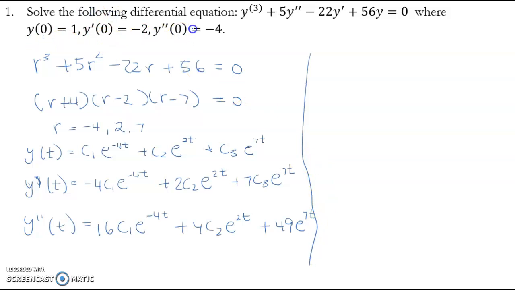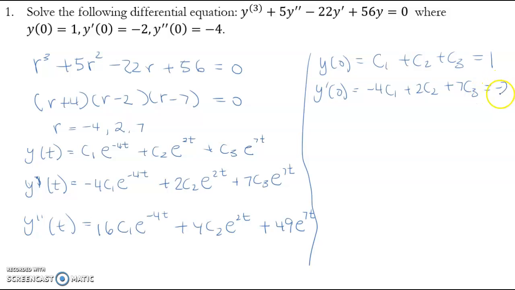Okay, so given these, we're now going to plug in zeros to solve for the constants. So I'll plug in 0 to our original equation. That will give us C1 plus C2 plus C3, and this should equal 1. Plugging in 0 to the first derivative, that's going to give us -4 C1 plus 2 C2 plus 7 C3, and this will equal -2.